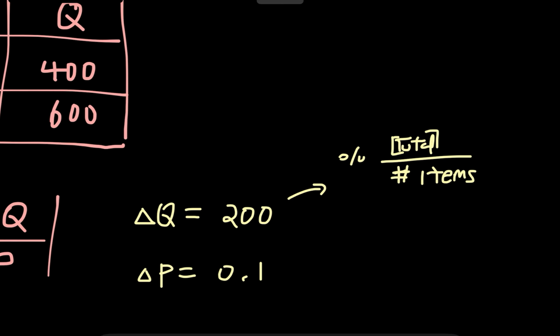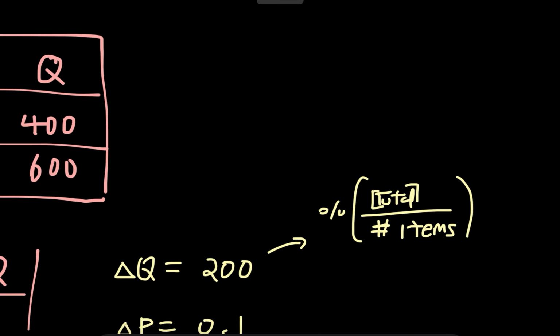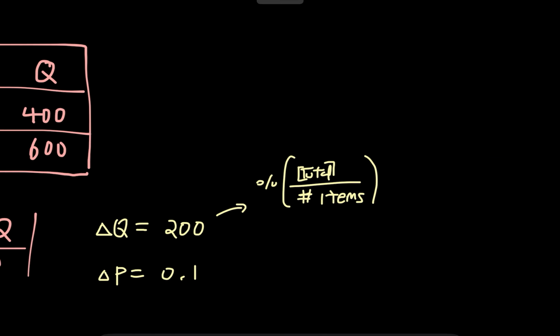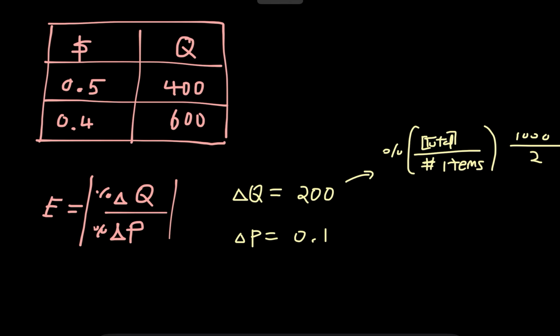The total here would be 400 plus 600, so that's 1,000, divided by the number of items, which is 2. So that's how you would get the percentage. Now to get the percent change, that will be 200, our change in Q, divided by the percentage formula, which is 1,000 divided by 2.